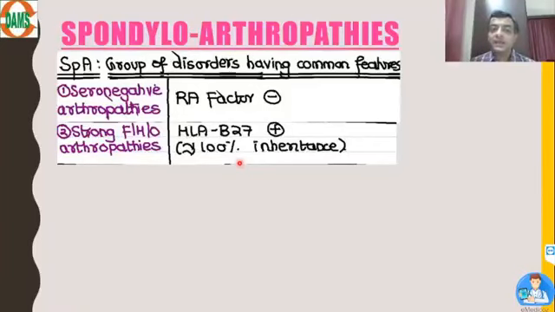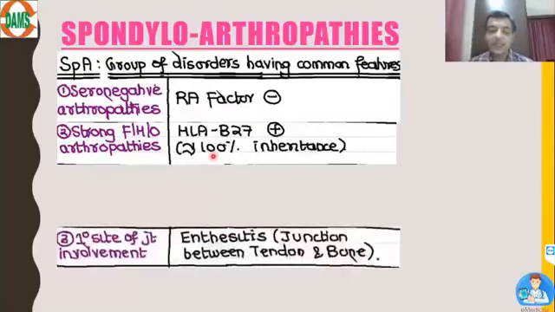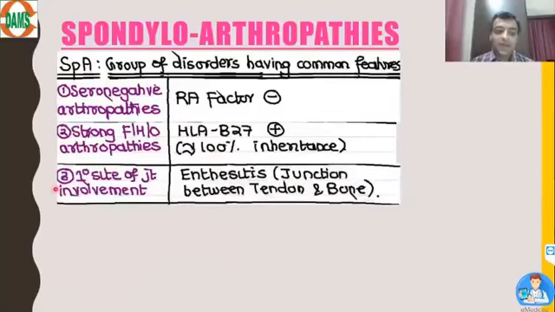Rheumatoid arthritis are RA positive and family history is not there. But in SPA, family history is there because genetic association is HLA-B27. HLA-B27 has got almost 100% inheritance.